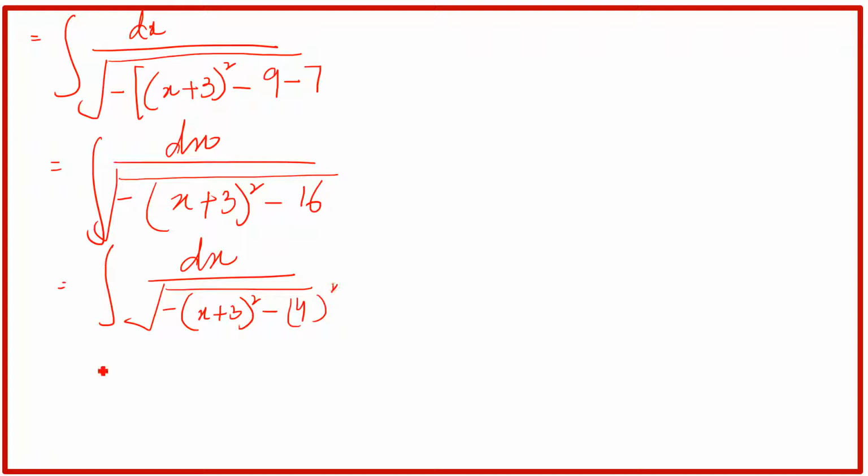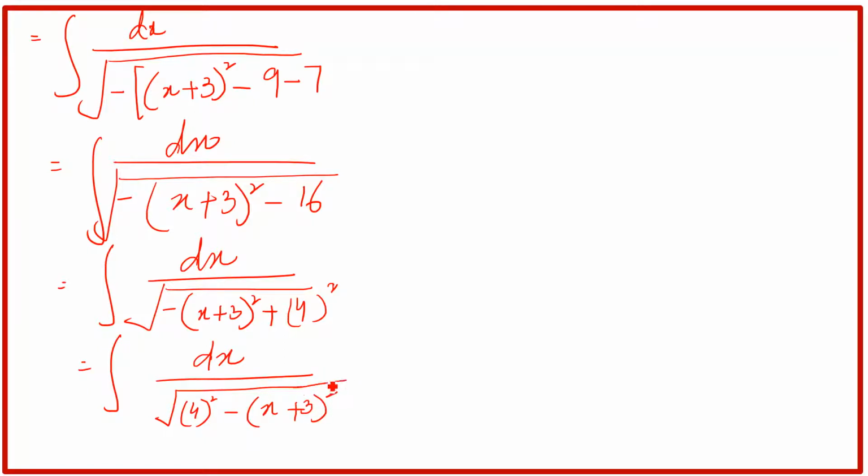Now, this is minus minus, which becomes positive. So it is dx over the square root of 4 square, and negative we will take it here in order to make it easy. So from here we can write down our answer: this is equal to sine inverse of x plus 3 divided by the constant, plus c.